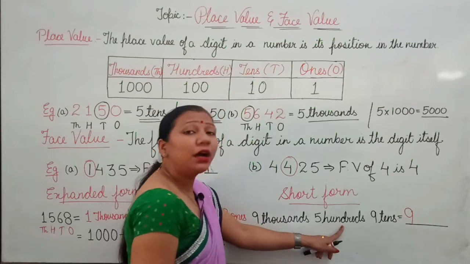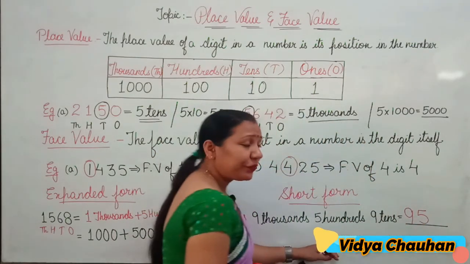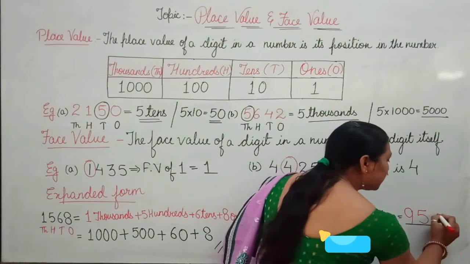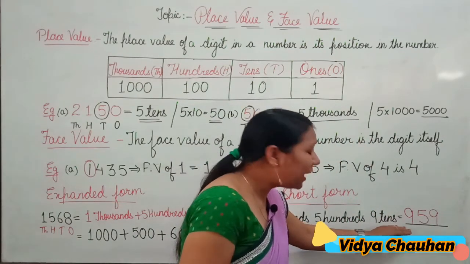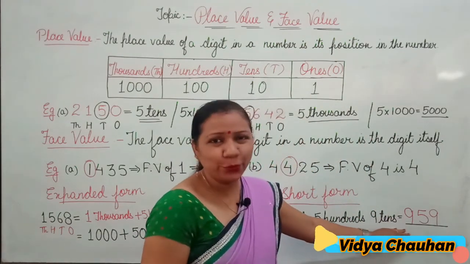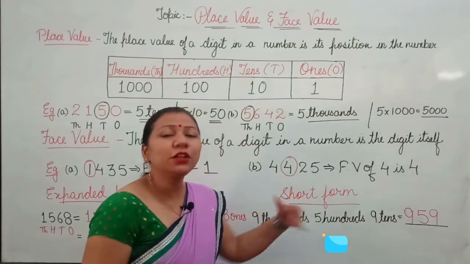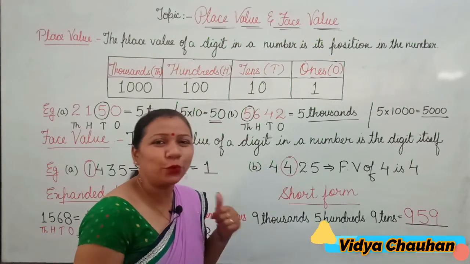Then 5 hundreds, so 5 is at hundreds place. After that, 9 tens. So at tens place, which digit is there? 9. Do we have a value for ones place? No, the ones place is not given to us. It means if it is not given, then which value will come here? Yes, 0.